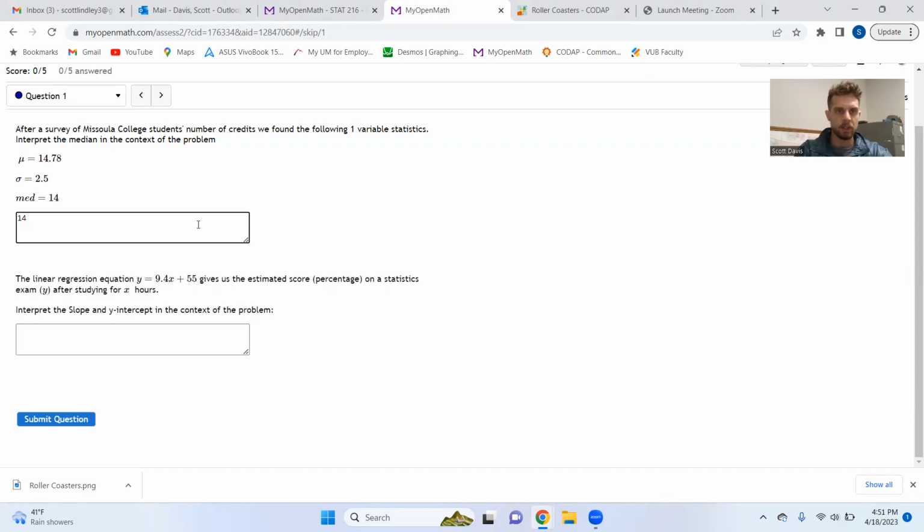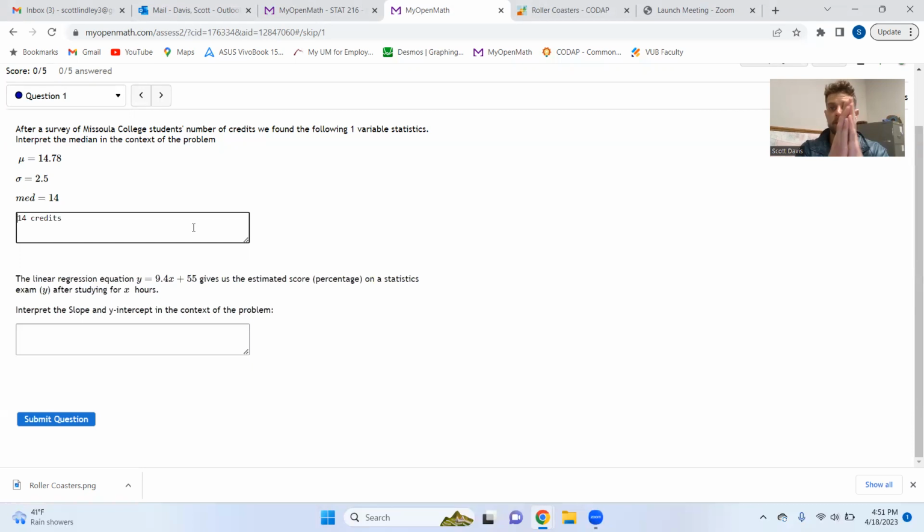So we know that this random variable we're discussing is the number of credits that students are taking. So we could say, well, 14 credits. Now at least I've given a unit. This is another level in our interpretation. We've included units. However, we need to go further because we want to make sure that we describe what the median is.